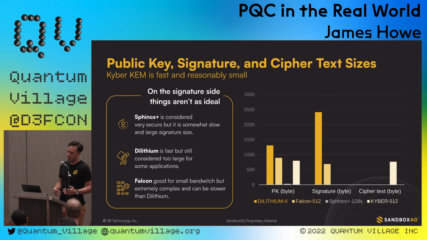So how do these schemes compare with each other? The SPHINCS+ signature scheme is the biggest one there. No, it's not, it's Dilithium. But you can see Falcon there is significantly smaller.